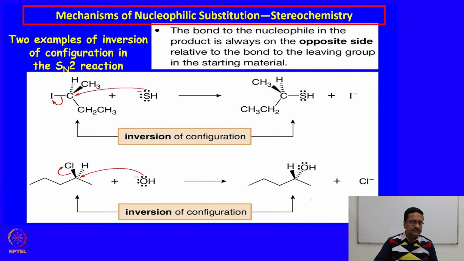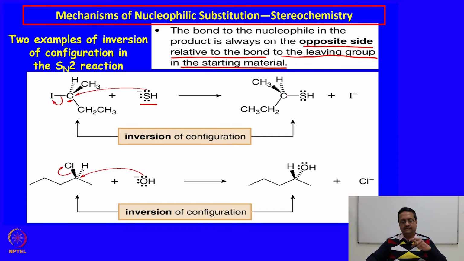There are two examples of inversion of configuration in SN2 discussed in this slide. The bond to the nucleophile in the product is always on the opposite side relative to the bond to the leaving group in the starting material. So, here if you attack with this SH group at this electrophilic center, iodide is left. The umbrella, which was like this, gets inverted like that because of the attack from this side.